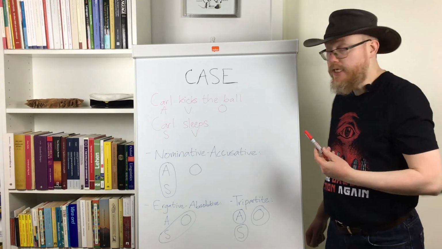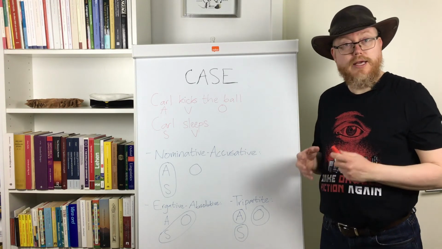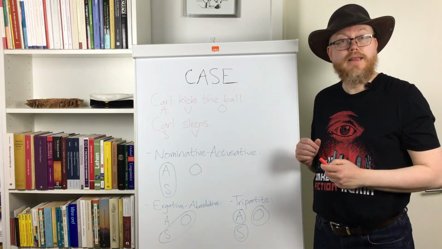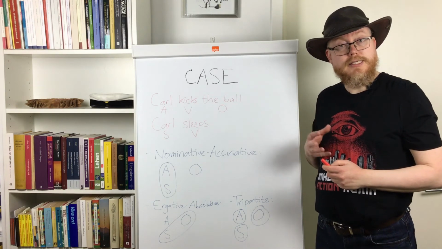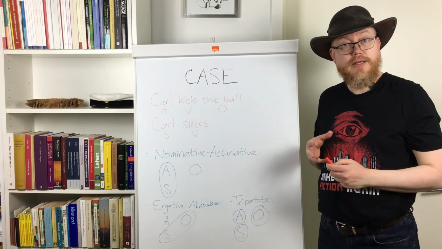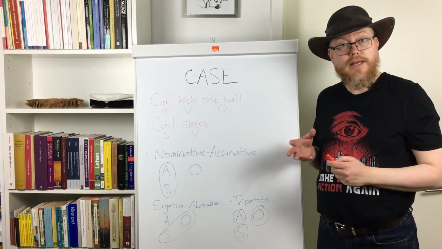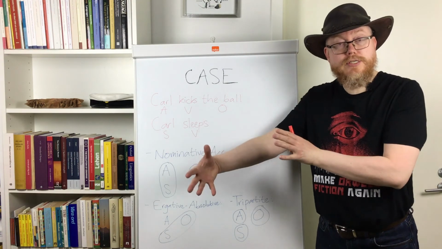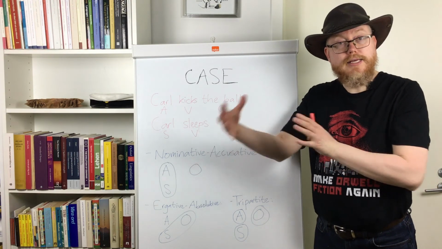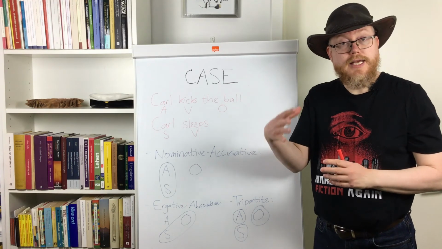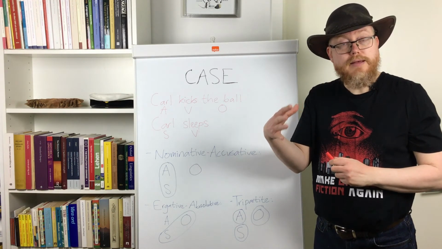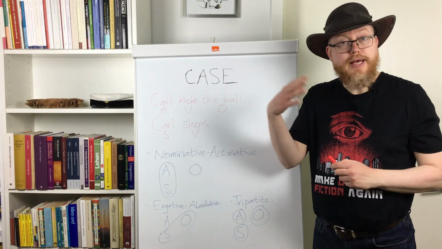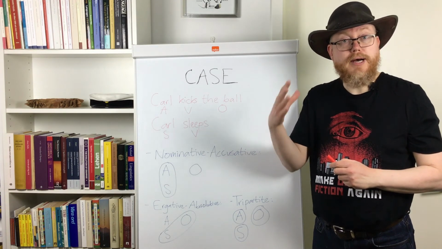So we can take a sentence like, Carl gives grandma the pot. Carl is the subject and the agent. The pot is affected directly because it changes owners. And grandma is the indirect object because grandma is affected more indirectly by the action described by the verb.